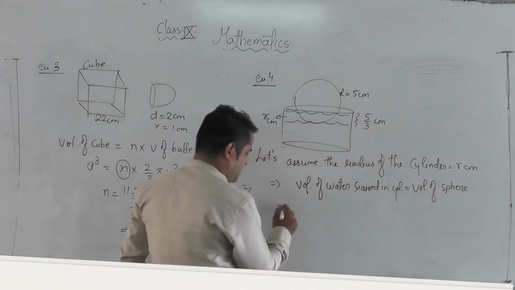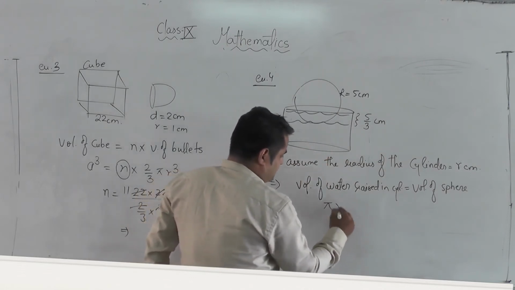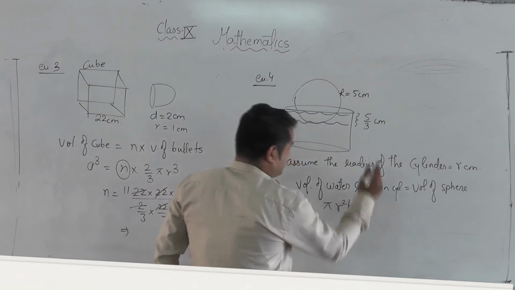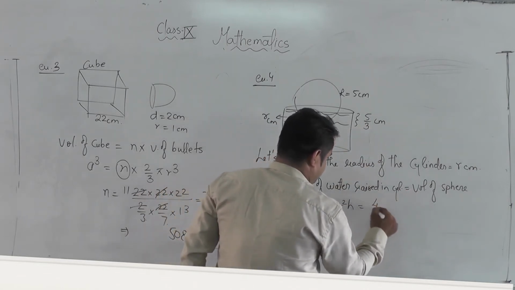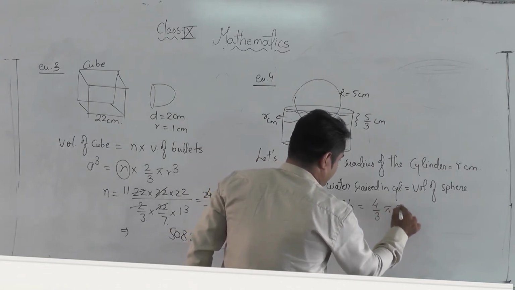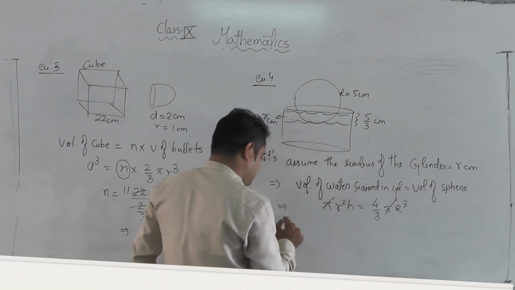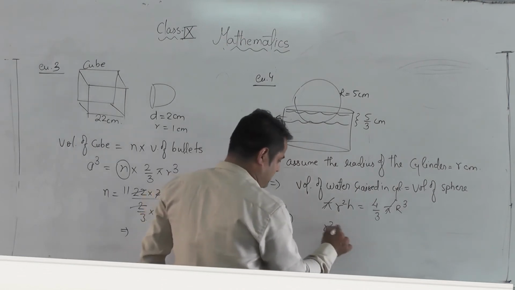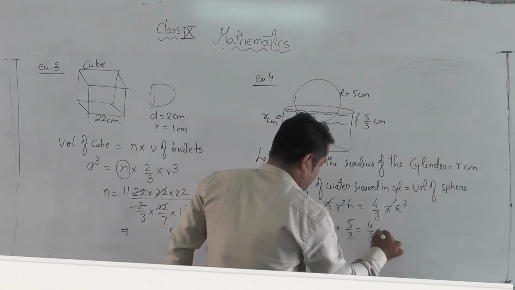Now see, volume of water raised in cylinder is volume of cylinder, pi r square h, where h is 5 by 3 centimeter, and the volume of sphere is 4 by 3 pi r cube. Now first cancel this pi in the formula itself without keeping the value. R we have to find out. H is 5 by 3 given to us, 4 by 10 keeping here.